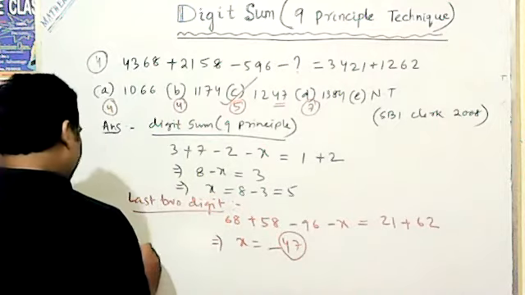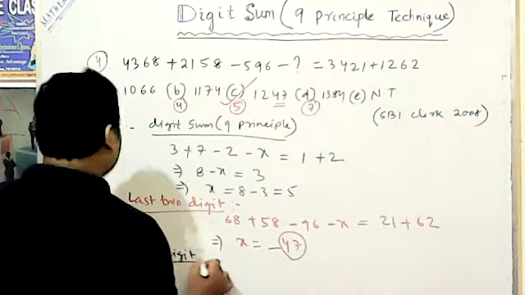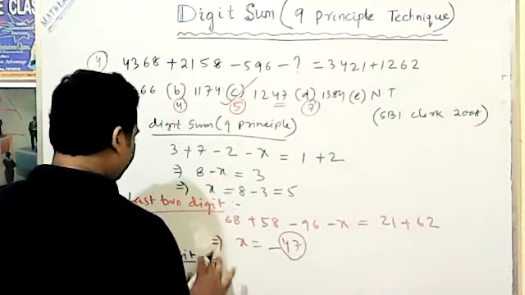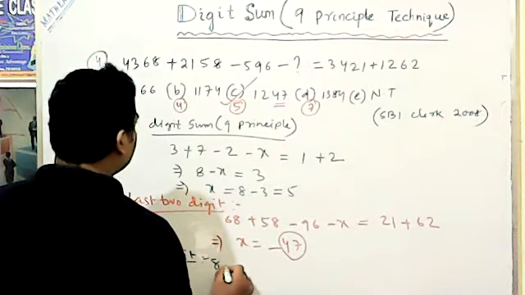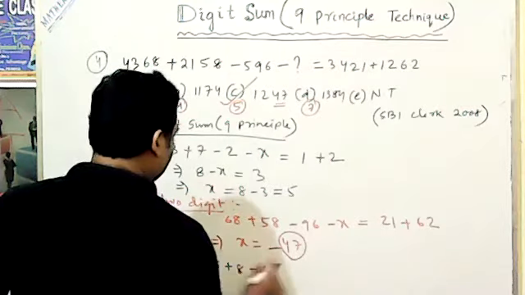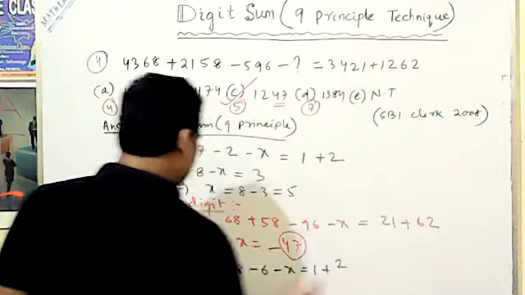Unit digit technique. Unit digit technique means, that means you can say that is this 8 है, that is equal to ये है 8 है, then that is equal to 8 है, that is equal to 6 है, then that is equal to x left, that is 1, that is equal to 2.